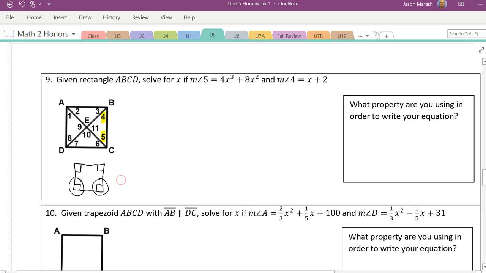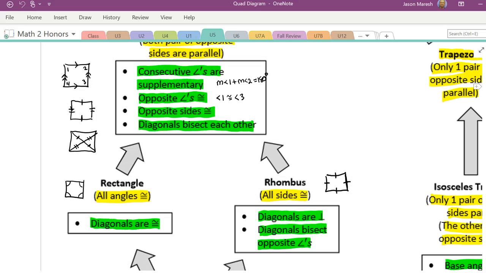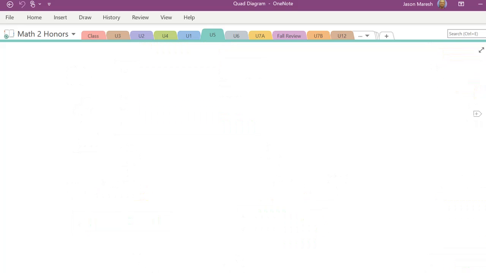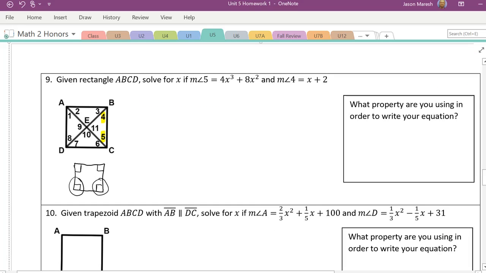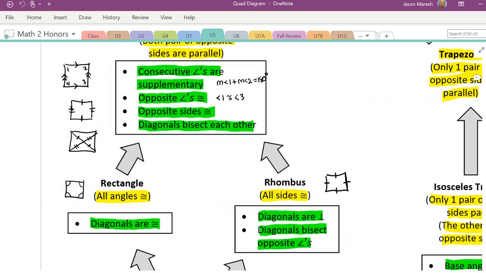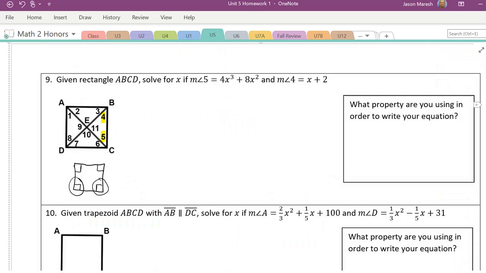Well, yeah, we know that because these are all 90, so that's obvious to us. Opposite angles are congruent. Well, that's another obvious thing to us because all the angles are 90 degrees, so yes, opposite angles are congruent. So none of these are seeming to help. We're just thinking through this. And that's all we have on angles. So the angle properties are not helping us with finding a relationship between angle 5 and angle 4.